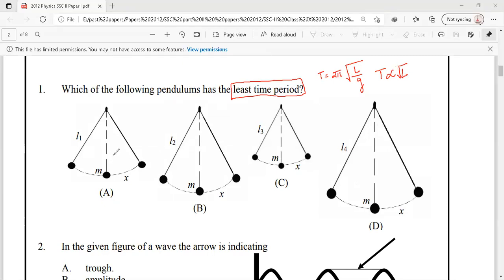In these four pendulums, the length of each pendulum is different, in which D has the maximum length, while option C has the minimum length. So the least time period is of the pendulum that has the least length. So the correct answer for question number one is option C.